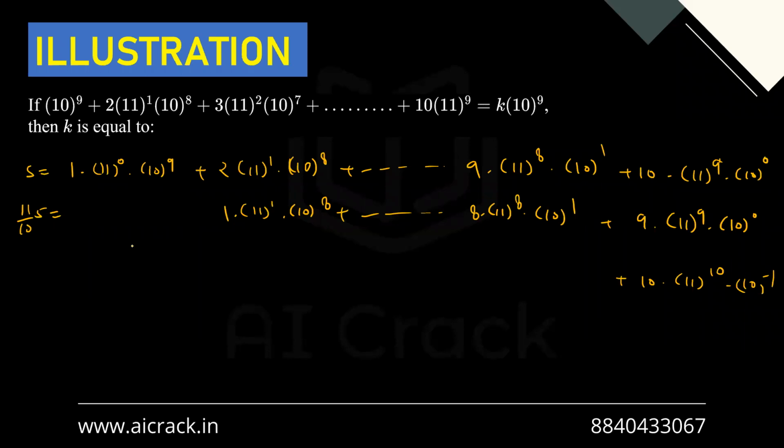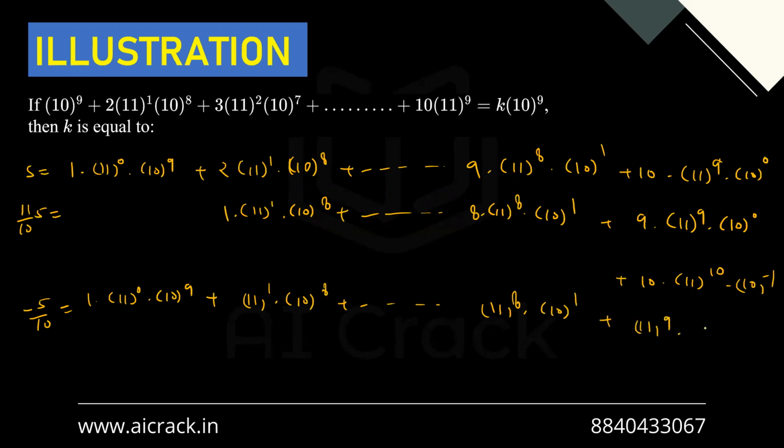Now if I subtract both of them, what will I get? I'll get minus s by 10 equals 1 dot 11 raised to the power 0 dot 10 raised to the power 9, plus 11 raised to the power 1 dot 10 raised to the power 8, similarly till 11 raised to the power 8 dot 10 raised to the power 1 and 11 raised to the power 9 dot 10 raised to the power 0, minus, and this 10 would get cancelled out, minus 11 raised to the power 10, right?